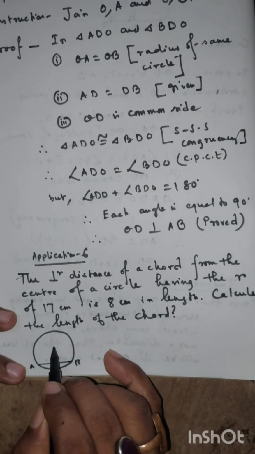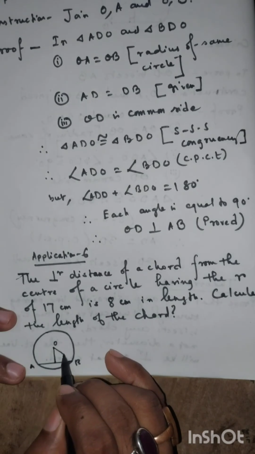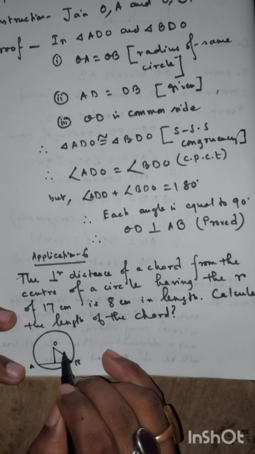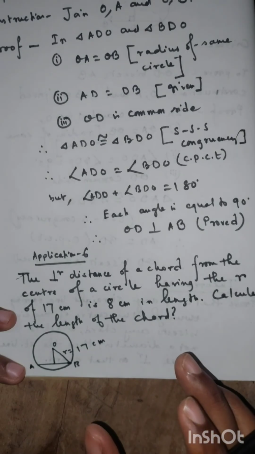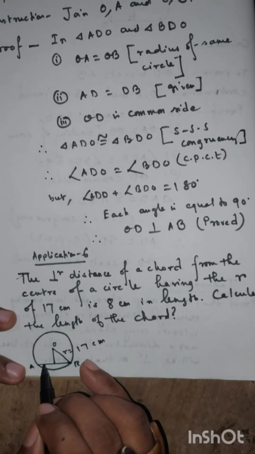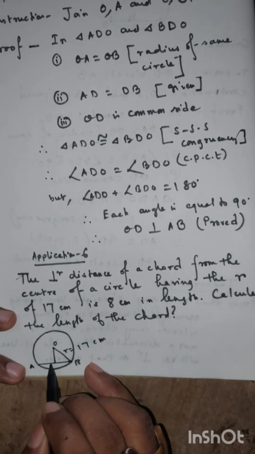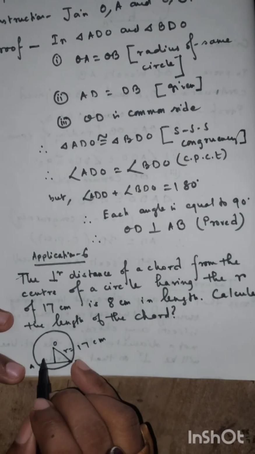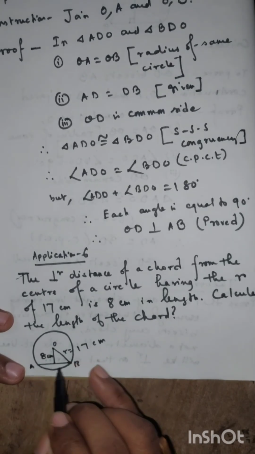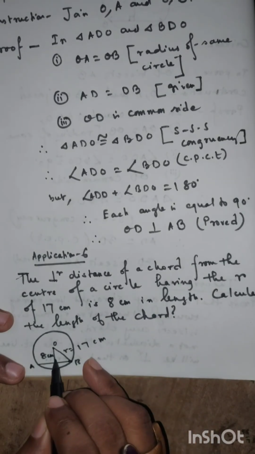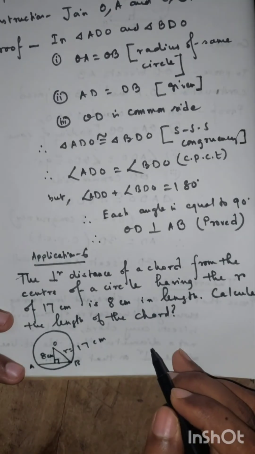Now this is our center O. The radius is 17 centimeter, and this distance is 8 centimeter, and this is a perpendicular.